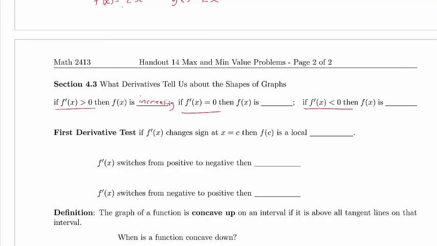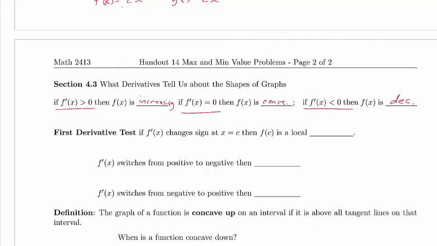If f prime of x equals 0, then f of x is constant. And finally, if f prime of x is less than 0, then our function is decreasing. We've already gone over that quite a bit. This should be old hat by now.